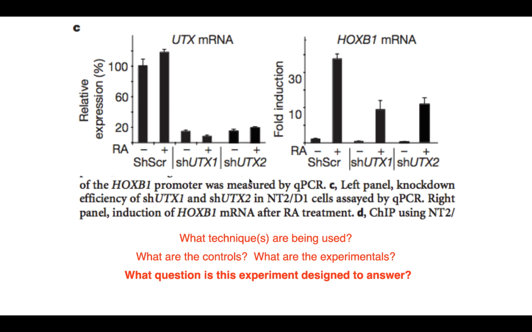These are expression vectors that have a gene that encodes a microRNA that will knock down UTX expression. They've made two different constructs. They weren't sure which one was going to work. And then this is a short hairpin scramble expression vector. This is our negative control.